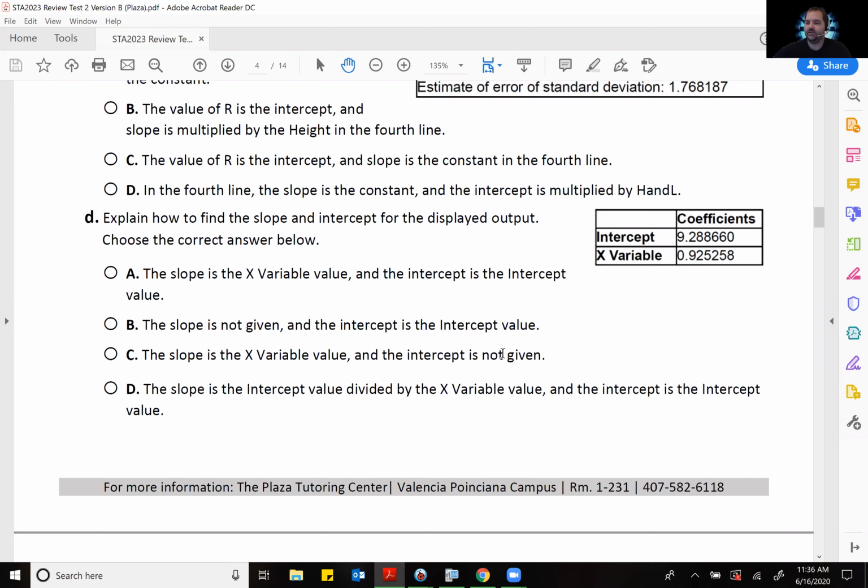Slope is the x variable value and the intercept is the intercept value. Right on. All they're really testing you is, do you know how to read the information?